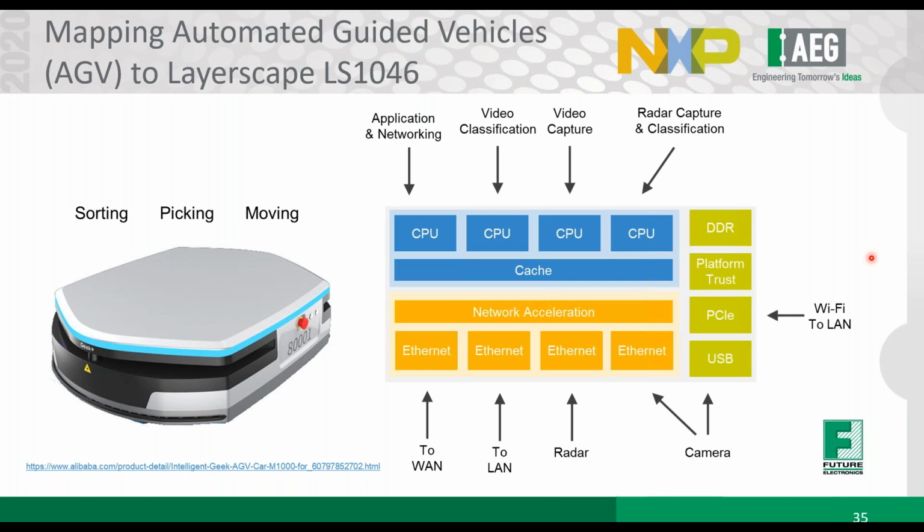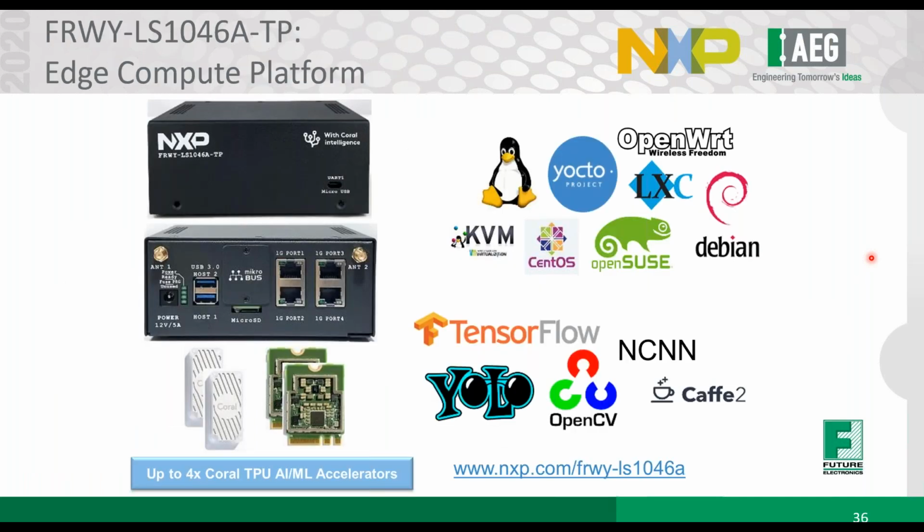So, the radar capture and classification, the video capture and video classification, and then the networking applications and stacks to manage your Wi-Fi and the wired Ethernet connectivity, from a security firewall and all the communications you need to manage as well. So this is another example of how to use our processors.